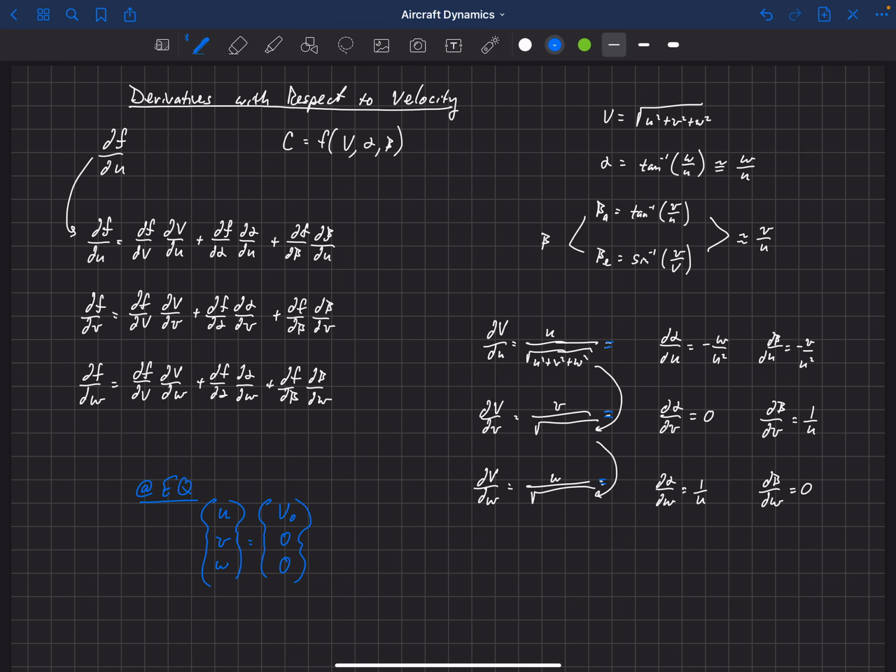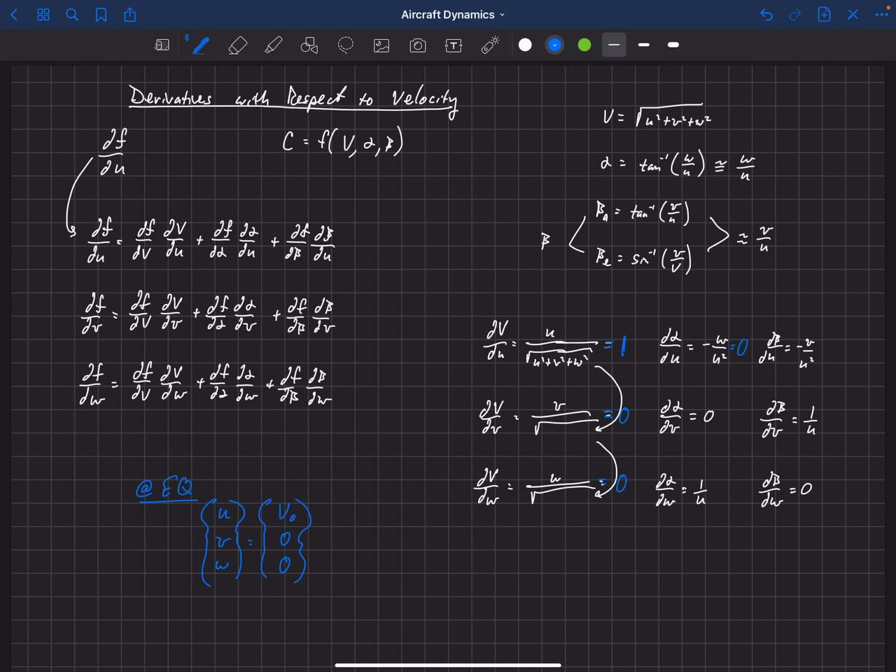That's simply by definition. So if I plug these in now, what I get here is this first one, we're just going to get u over the square root of u squared because both v and w are 0. So we're going to get a 1. The v is 0 here, w is 0 there.